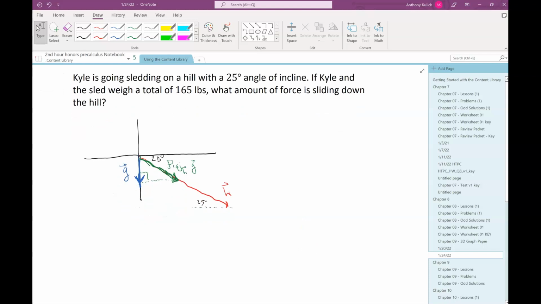So I'm going to start by taking my vector h and creating a component form vector for this. Now, in this problem, are we told anywhere the length of the hill? No. So guess what we can assume the magnitude of h to be? 1.